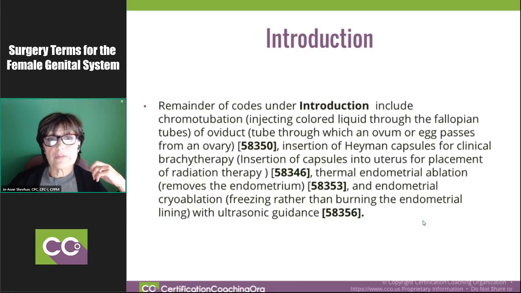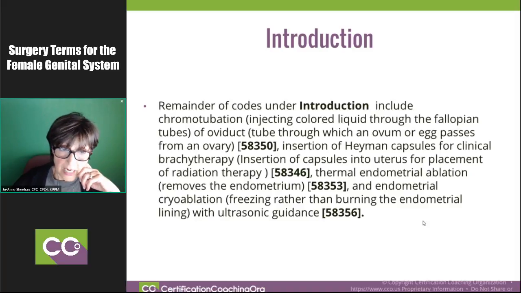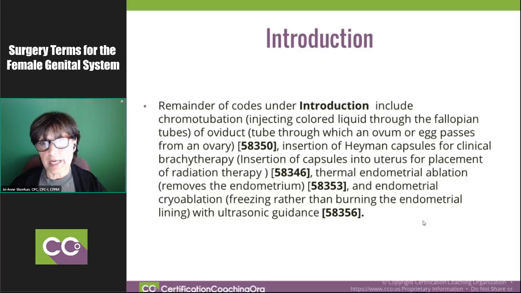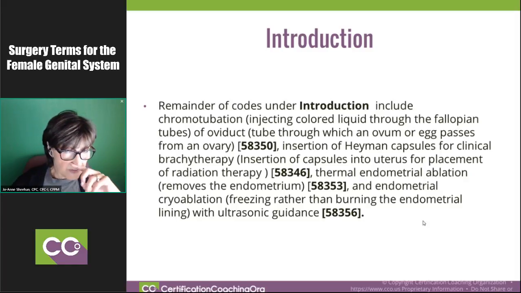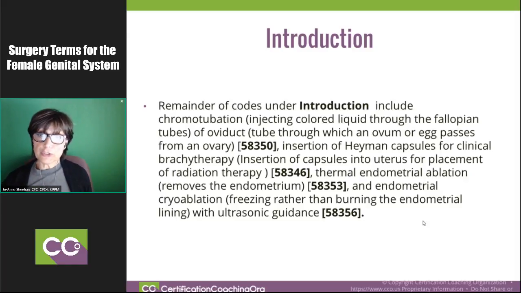Now, the remainder of the codes under introduction include chromotubation, which is injecting colored liquid through the fallopian tubes of the oviduct, the tube through which an ovum or egg passes from an ovary. 58350 is the insertion of Heyman capsules for clinical brachytherapy, which is insertion of capsules into the uterus for placement for radiation therapy.